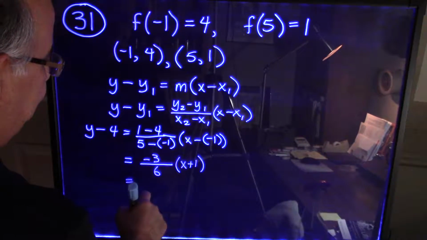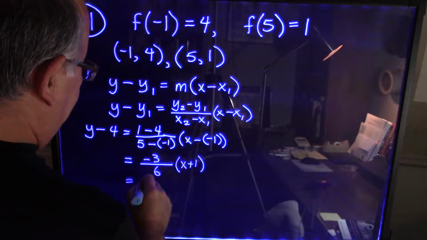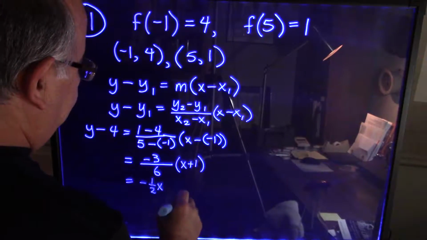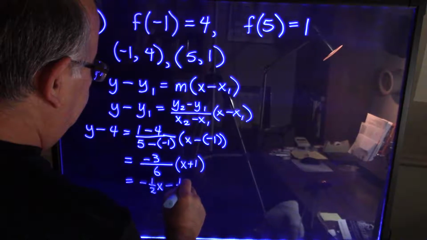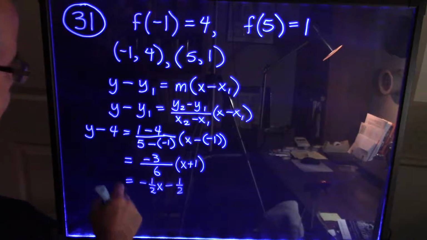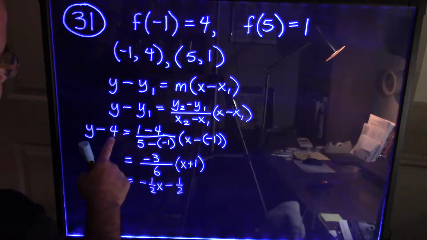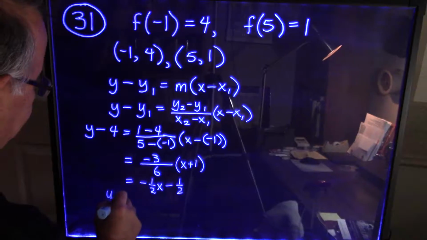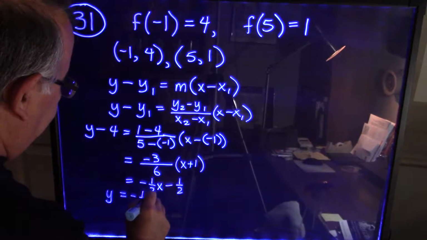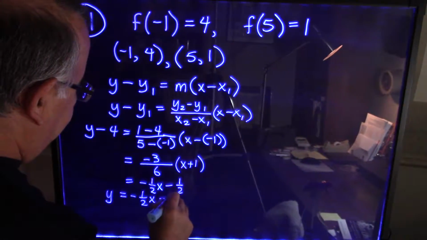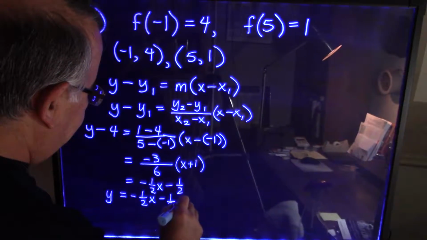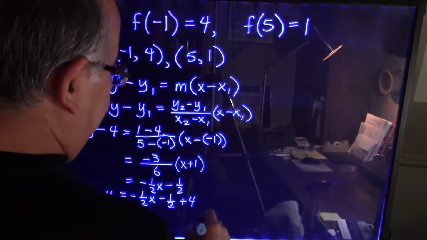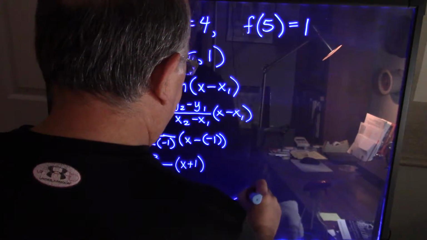So I'll distribute the negative 1/2 through. Negative 1/2 x, and then negative 1/2. Alright. Now, you move this negative 4 to the other side, or add 4 to both sides. Negative 1/2 x minus 1/2 plus 4. Let's see, we'll move it up here.